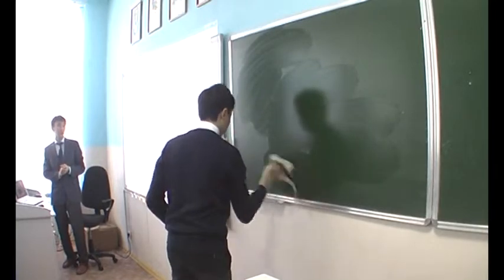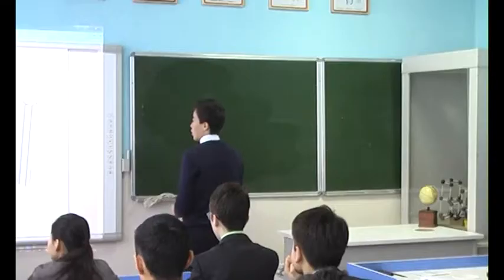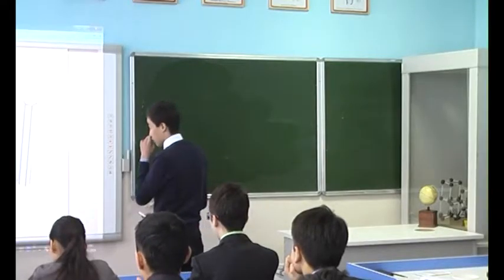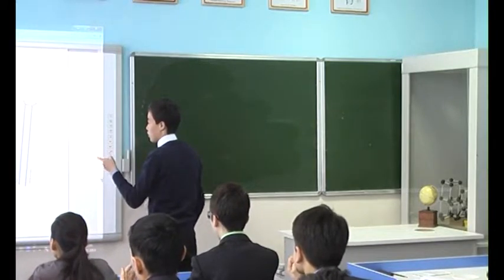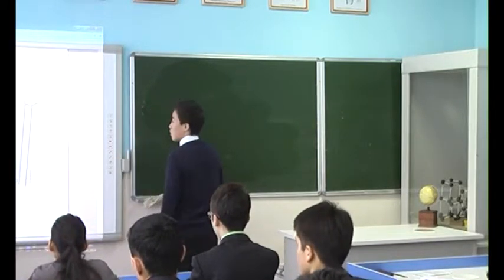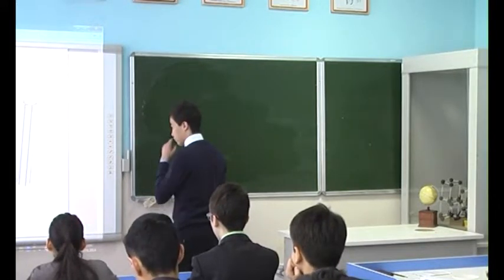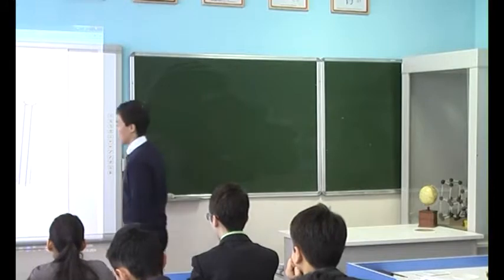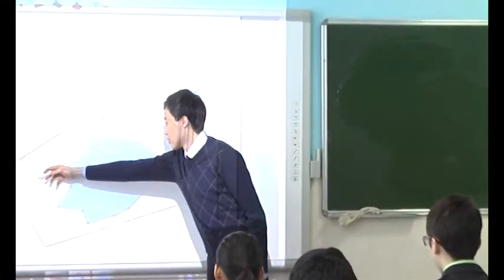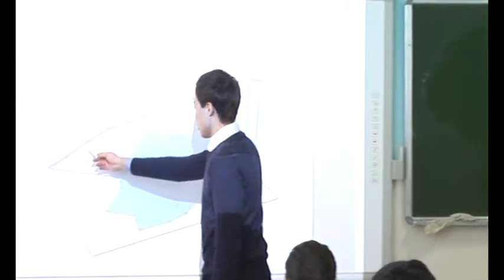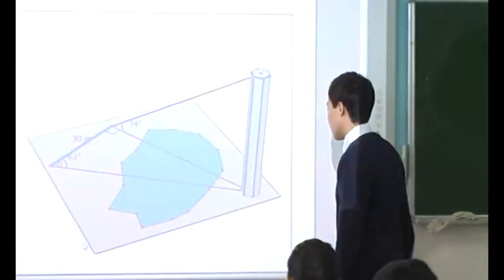Okay, first thing we have to do is just find the distance from the point where we stand to the building. It is from the point C to the building, yeah? Yes, we can find it using tangents, because we know the angles inside, and we just must find the opposite.